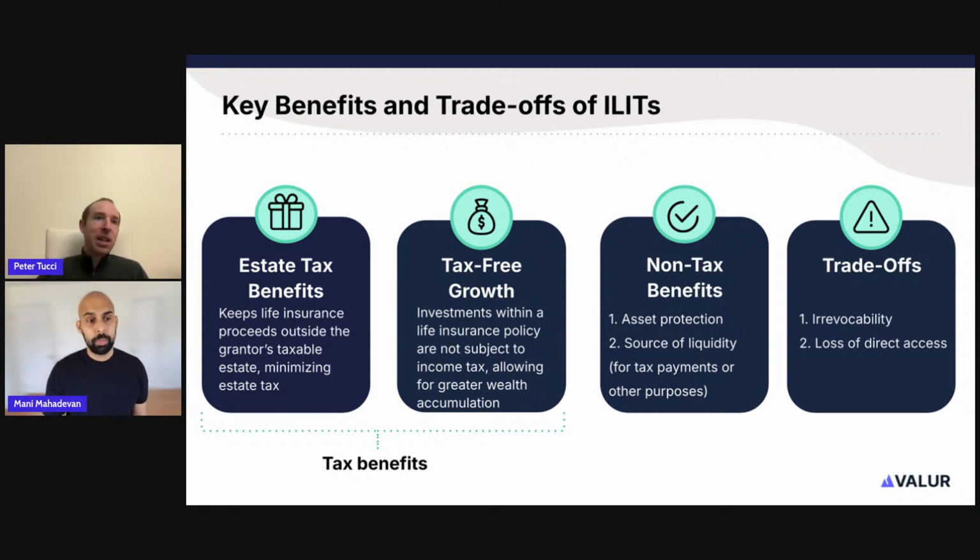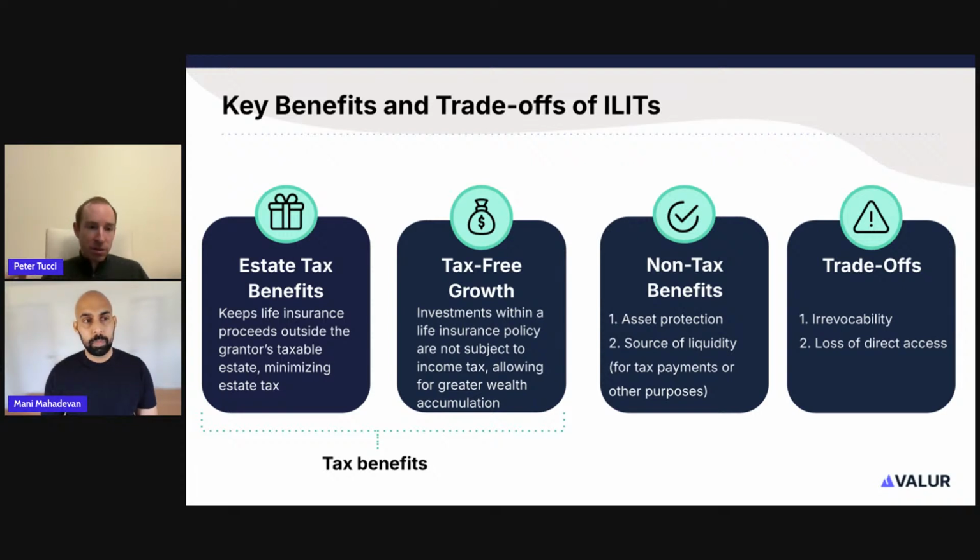Some people have estates that consist largely of illiquid assets, like real estate or shares in a privately held business. And when they die, they're subject to several million dollars of estate tax.